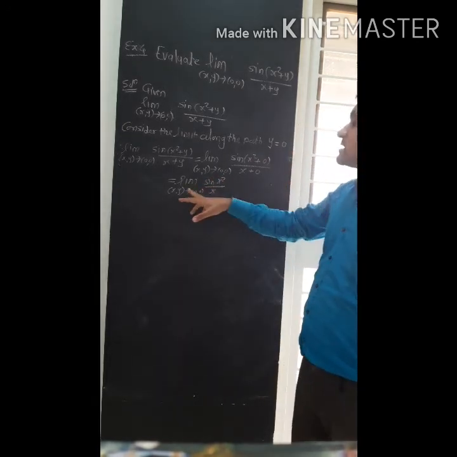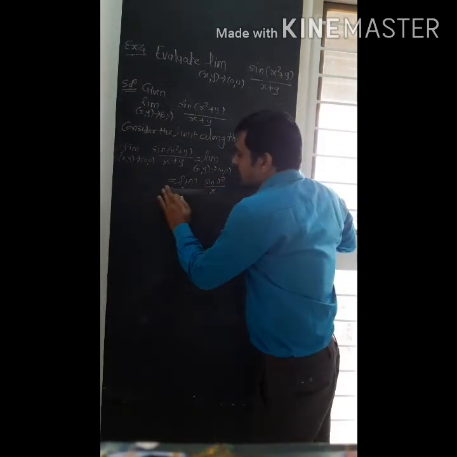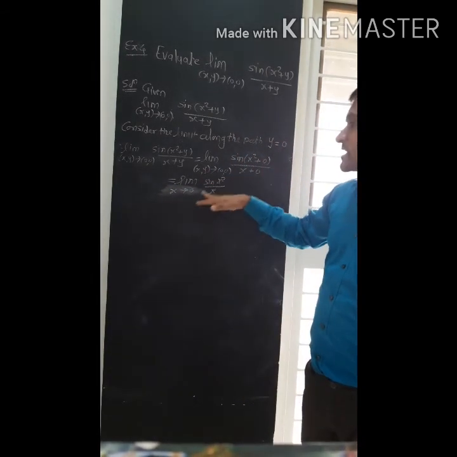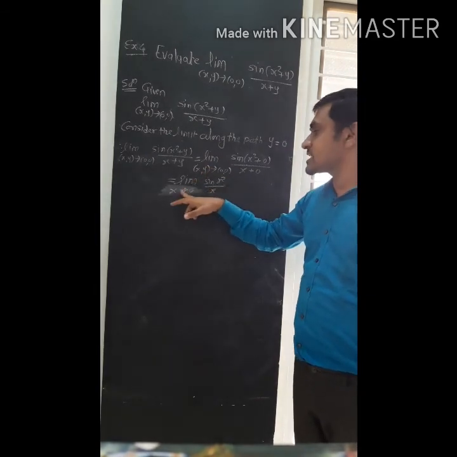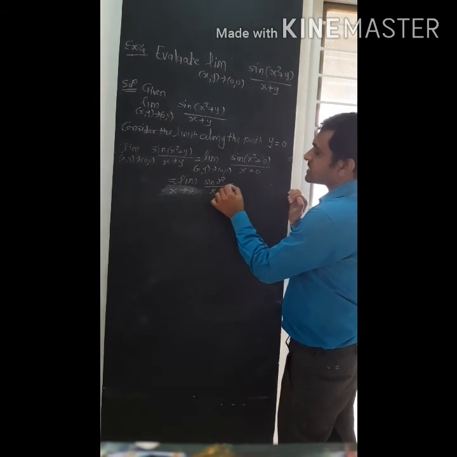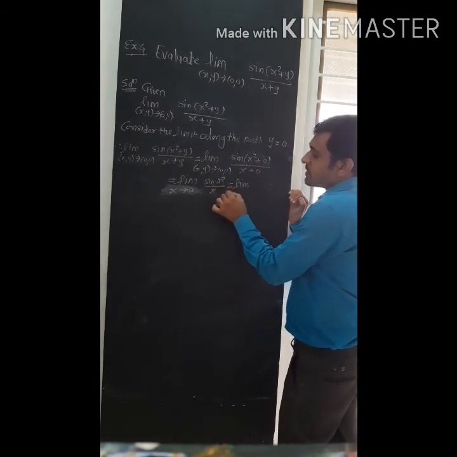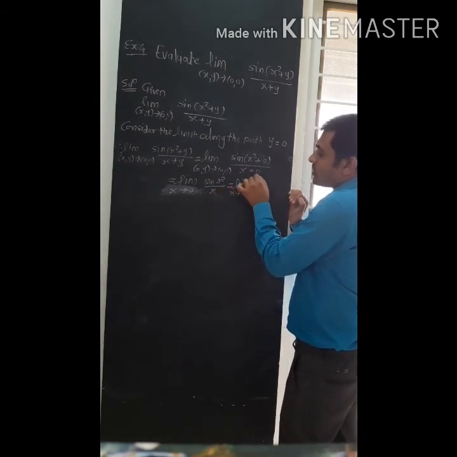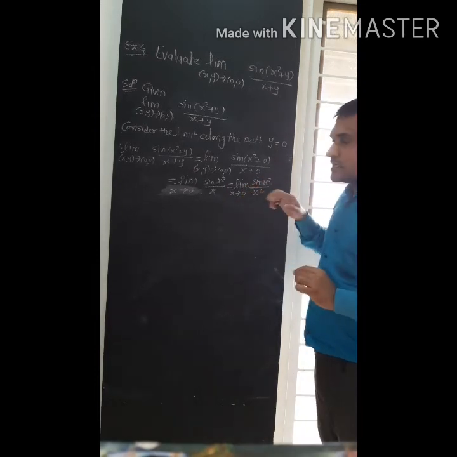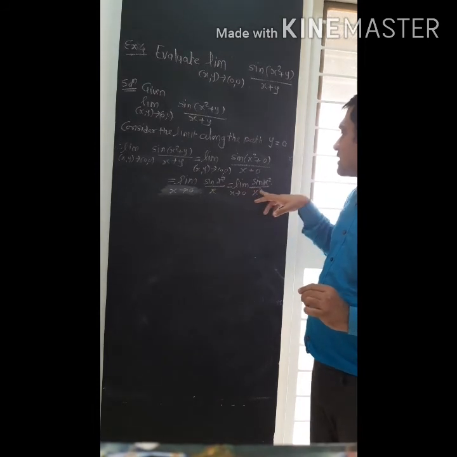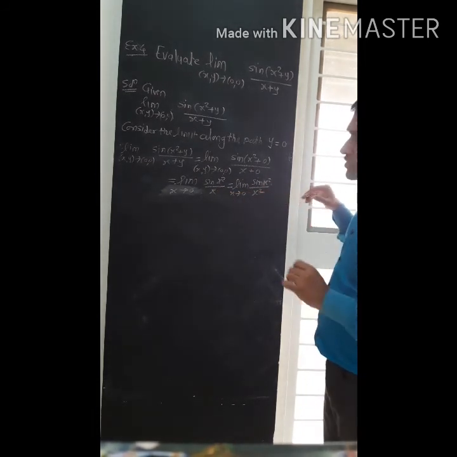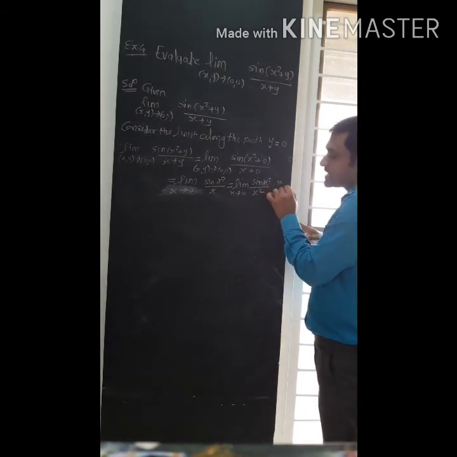Here we can replace (x,y) tends to (0,0) by x tends to 0, because there is no term of y here. So this limit becomes limit x tends to 0 of sin x square upon x, and this limit can be written as limit x tends to 0 of sin of x square upon x square. Here in the denominator we multiply by x, so this x can be added in the numerator also.